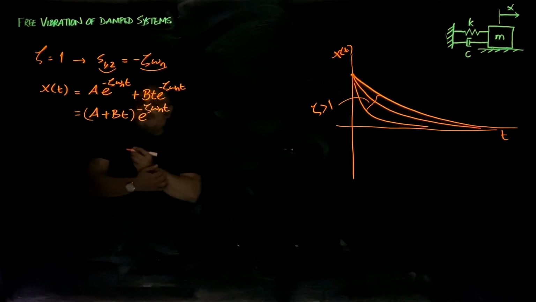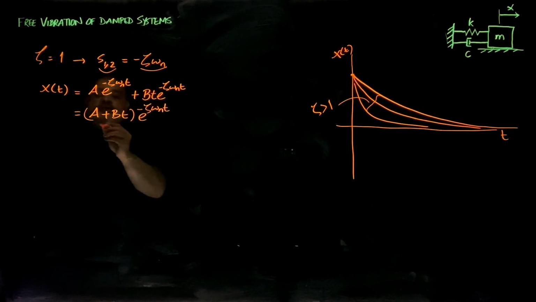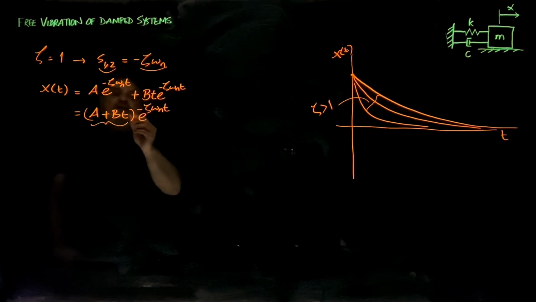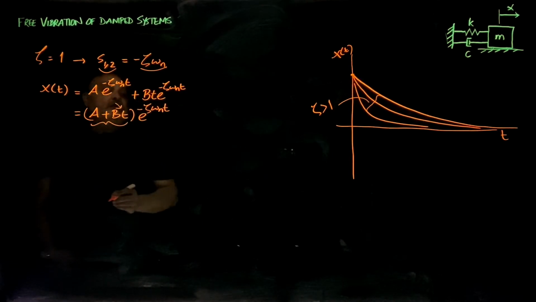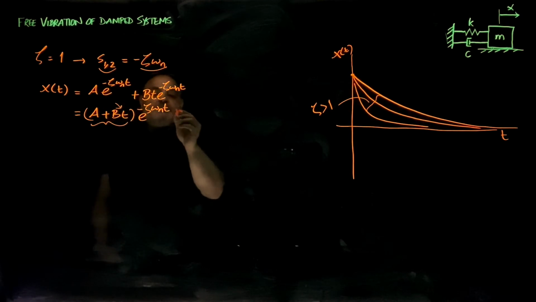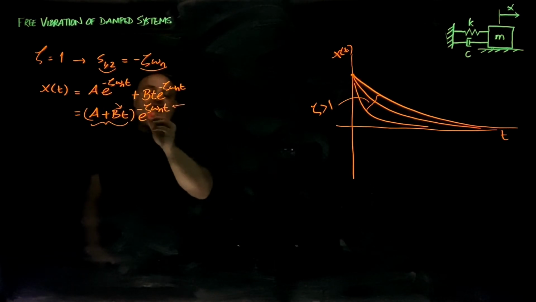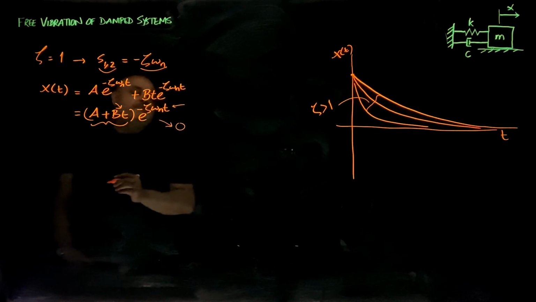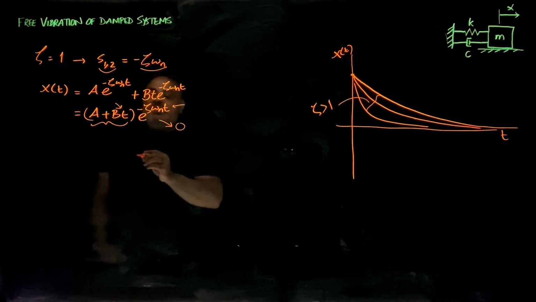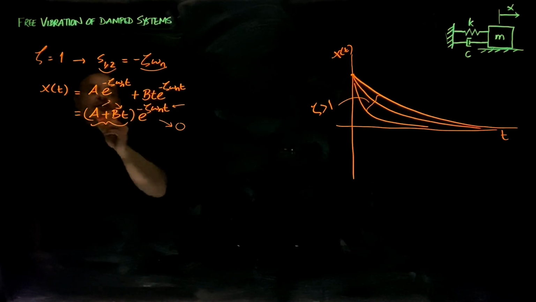Now, this term right here grows with time, goes to infinity as time goes to infinity. But as time grows, this other term approaches 0. E to a negative value will approach 0, and this will approach infinity.